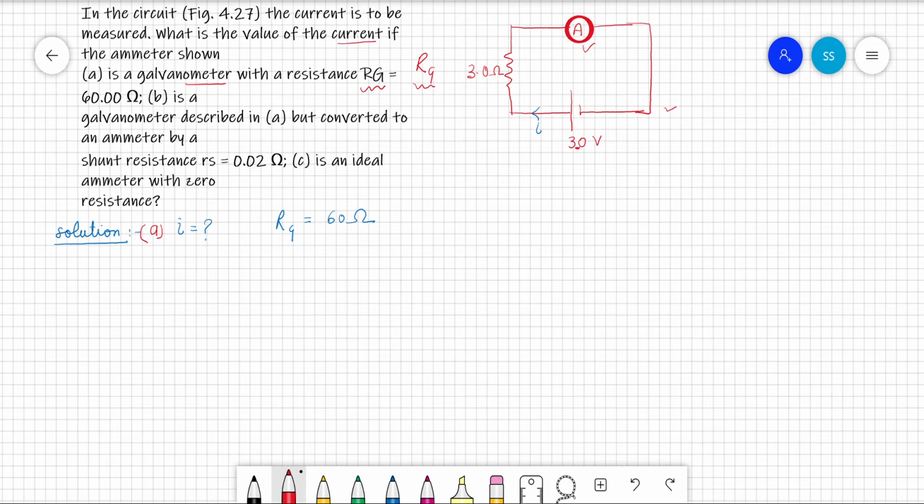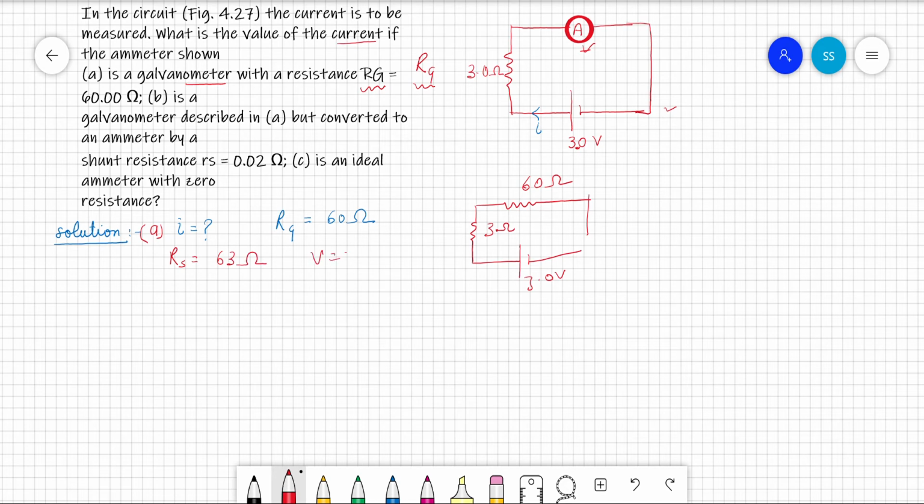Can I say it is a 3 ohm resistor here? A 3 ohm resistor here, and here an ammeter with a 60 ohm resistance is placed in series with a battery of 3.0 volt. So what is the total resistance here? Rs would become 63 ohm.